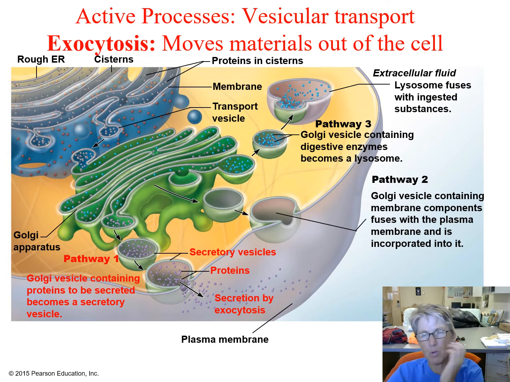Okay, so we went over this in previous videos, but it's a review: vesicular transport of exocytosis. So here's the rough ER. Remember why it's called the rough ER, because it has these ribosomes, all these little dots. That's where you make proteins. And remember, the cistern is just this space inside the ER.